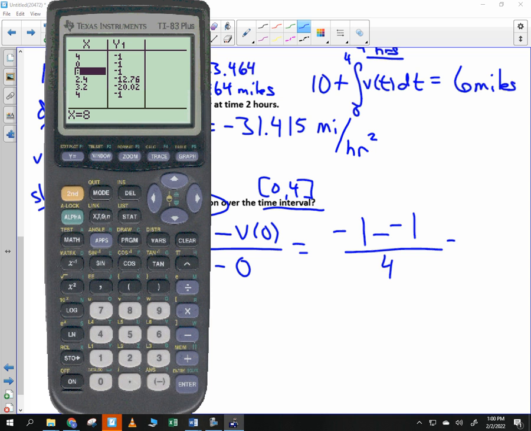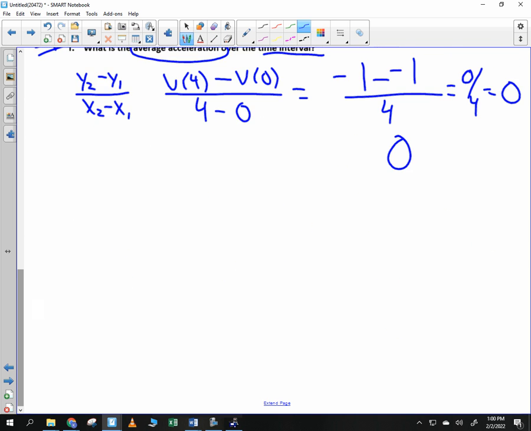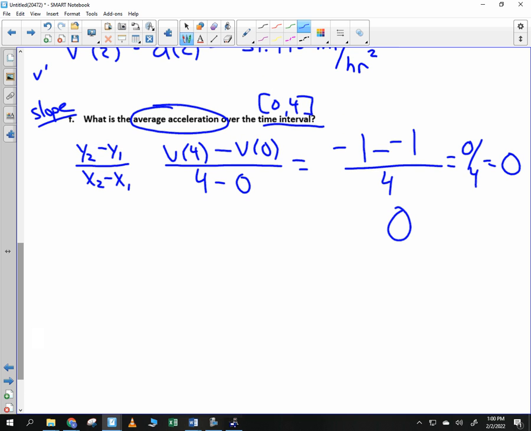Yep. Which is 0. So 0, and what is the thing that we're trying to find? Acceleration. So what's my label? Miles per hour squared. Good. Good job taking that in.